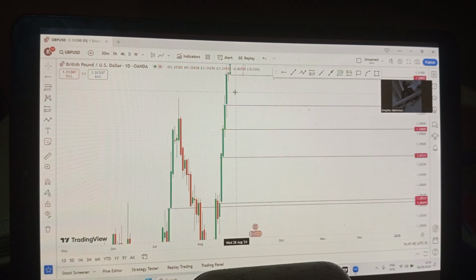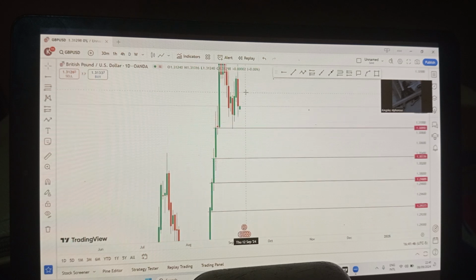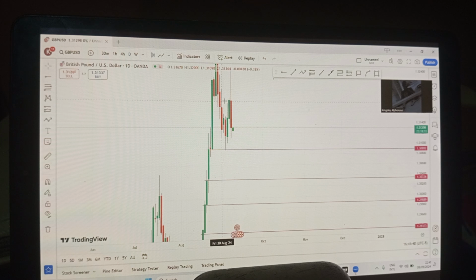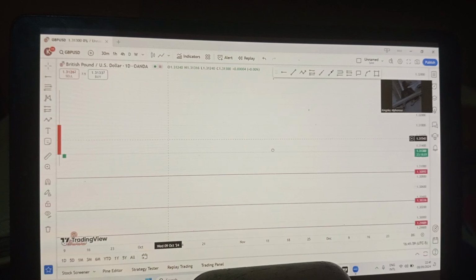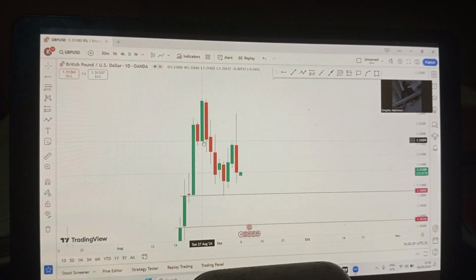You have to wait for a reaction from the market, like the market closing below it or above it, like a projection of the candle. You understand? Let me show you something here. We have an open close candle here.